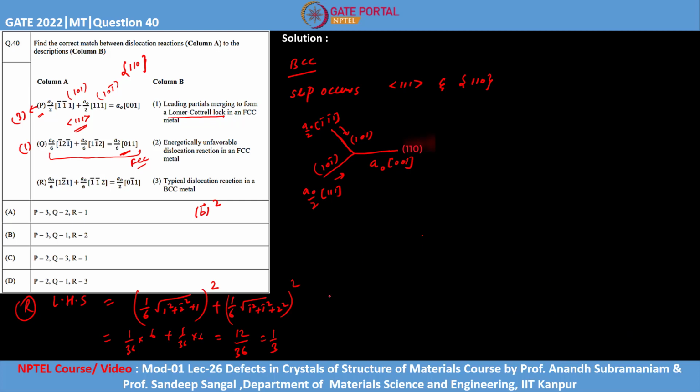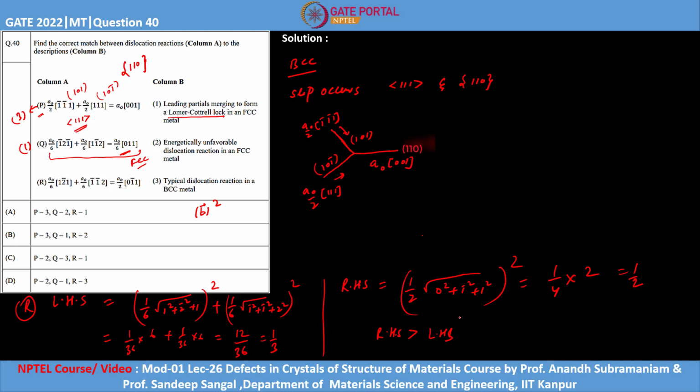Now for the right hand side, if you calculate the energy of the dislocation, it will be (1/2 root of 0 square plus 1 bar square plus 1 square, the whole square). So it will be 1/4 into 2, which is 1/2. So you can easily say that RHS is greater than LHS, right?